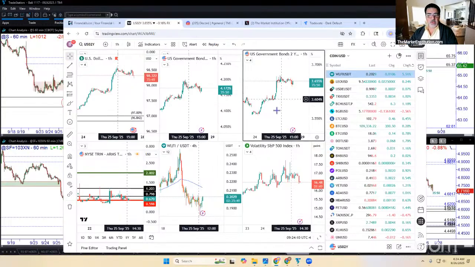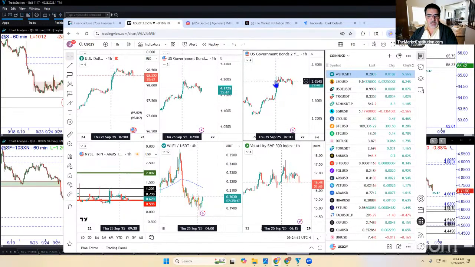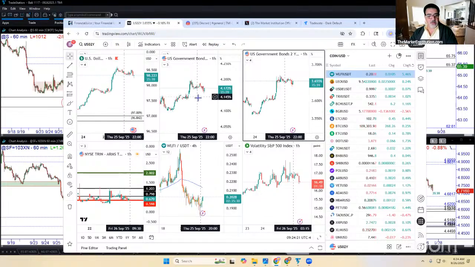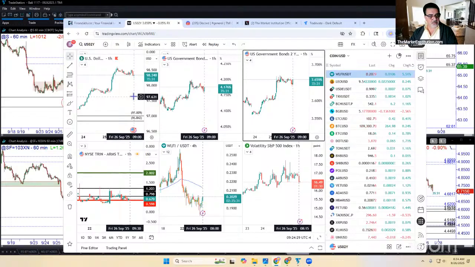So that picture rallied in the base, kind of watching to see what price does in this range. If the 10 and the 2-year yield pull back and the US dollar pulls back, that's going to light up the FX futures.